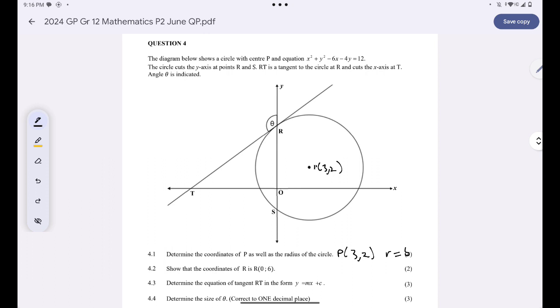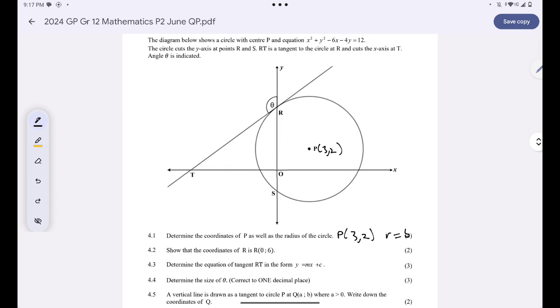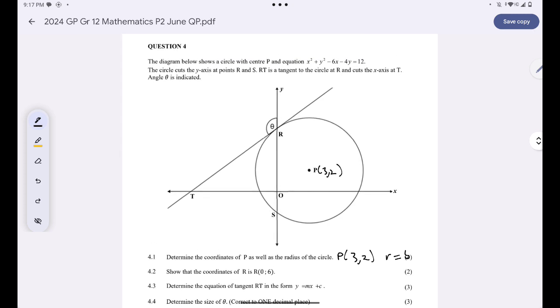Show that the coordinates of R are 0 and 6. Okay, how can I do that? I know that R is at the y-axis, and at the y-axis the value of x is 0. So I'll just take the normal equation, make x 0. That means I'll have y squared minus 4y is equal to 12.